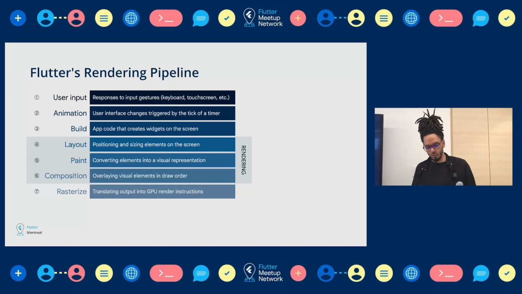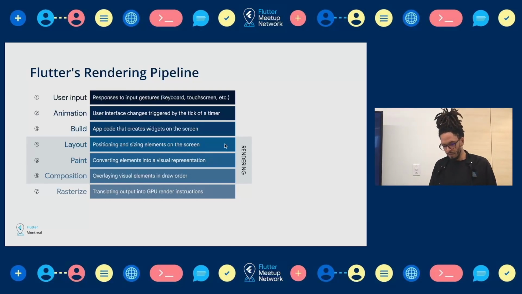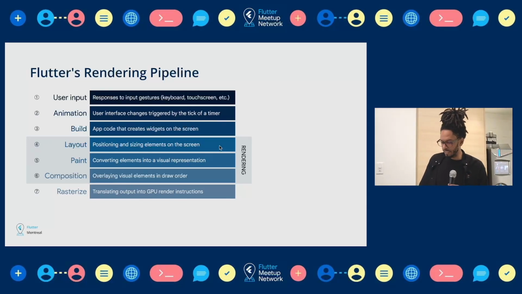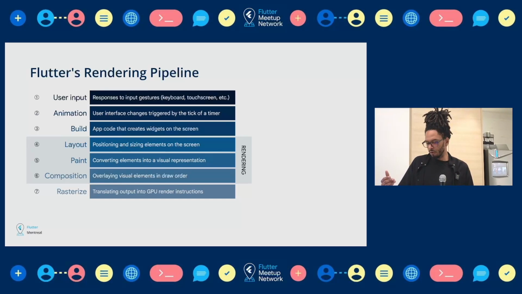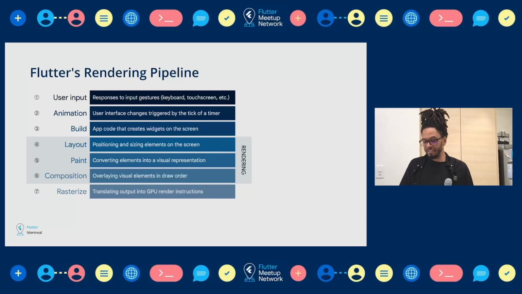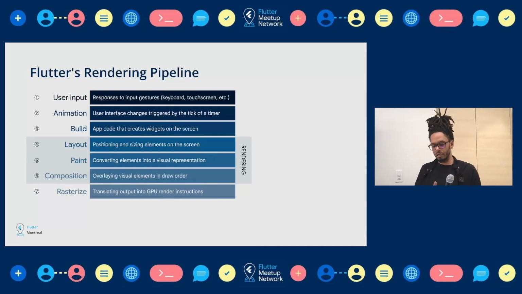We'll instantiate those widgets. And these steps, 4 and 5, are what we're specifically going to be interested in. Step 4 is the layout, so positioning and sizing of the elements on your screen, then painting the layers for the elements, and then compositing these elements together.